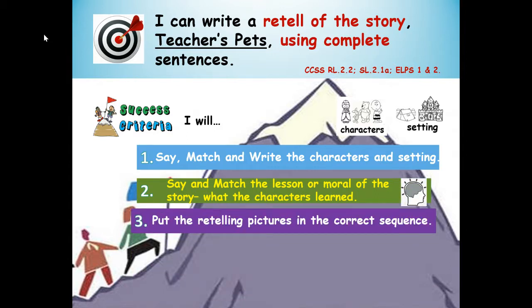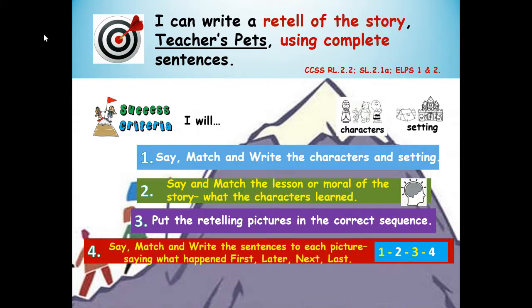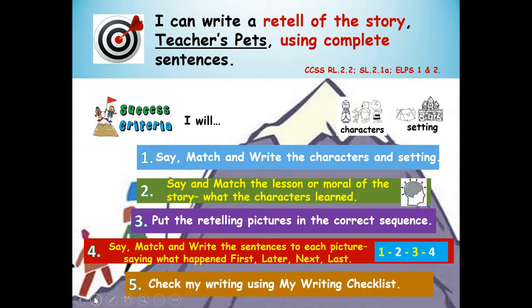Number 3, I will put the retelling pictures in the correct sequence or order. Number 4, I will say, match, and write the sentences to each picture, saying what happened first, later, next, and last. And finally, number 5, I will check my writing using my writing checklist. This may seem like a lot of steps, but we're going to do each one together.